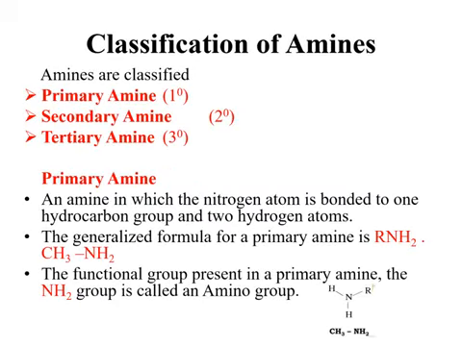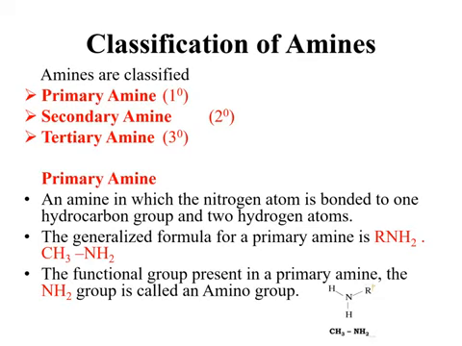As far as the classification of amines is concerned, amines are usually classified into three classes: primary, secondary, and tertiary amines. This classification is based on how many hydrocarbon groups are bonded to the ammonia nitrogen atom.